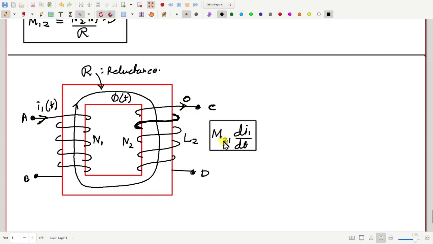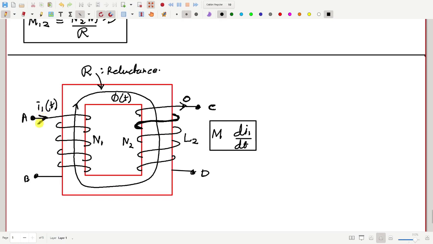I can just write it as M di1 by dt because M12 and M21 are equal. And which side is positive is the question we are finding. For this we will use Lenz's law.